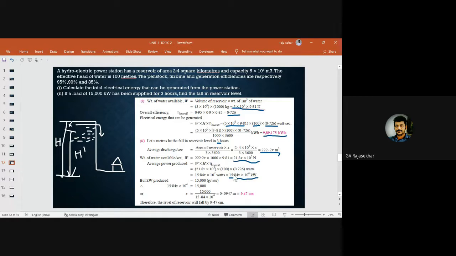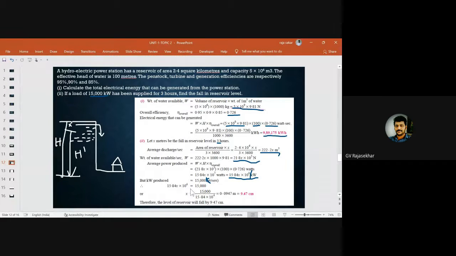But it is given that when there is an X times reduction in the height, what is the power output? It should be equal to 15,000 kilowatts. So 15,000 is equal to 15.84X into 10 to the power of 4. Here kilo is not taken into consideration.